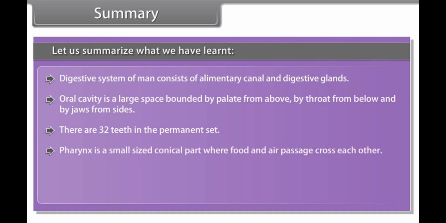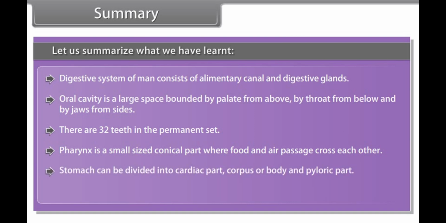The pharynx is a small conical part where the food and air passages cross each other. The stomach can be divided into the cardiac part, corpus or body, and pyloric part. The small intestine consists of the duodenum, jejunum, and ileum.